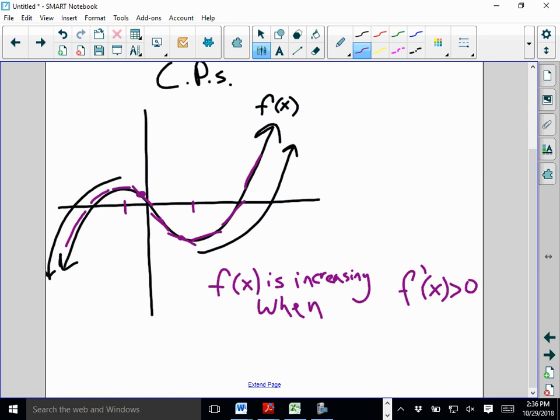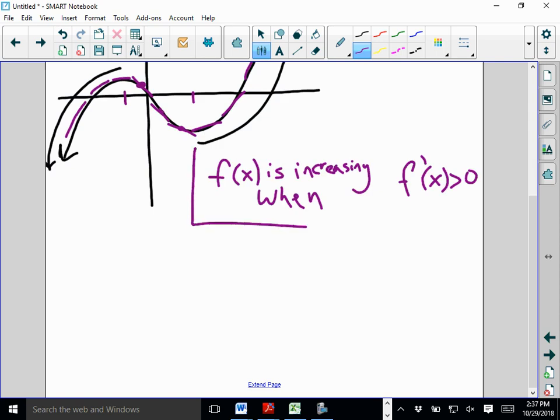All those stretches, anytime I had a positive f prime, a positive tangent line slope, I knew that at that point f of x was increasing. So it's really important to have this boxed up and understand. That is always going to be true: f of x is always increasing when f prime is greater than 0.